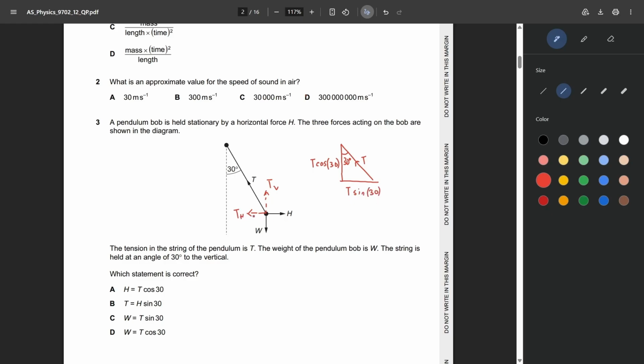The horizontal component of tension will be equal to H, so H is equal to T sine of 30. And the vertical component of tension will be equal to W, the weight, so W is equal to T cosine of 30. So the only option that matches our conclusion is option D. So the answer is D.